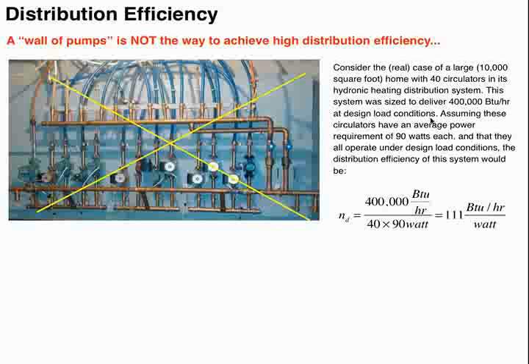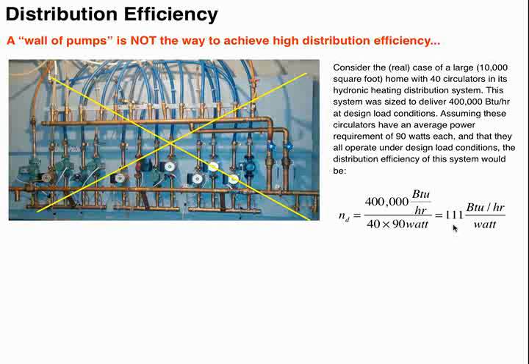And I'll give you one last example. I actually took a look at a house several years ago that had 40 circulators in it. It was a big house, 10,000 square foot, and 40 circulators. And if we estimated 90 watts a piece, and there was actually a 400,000 BTU per hour boiler plant, we can use those numbers to calculate distribution efficiency for that system. So the system delivers 400,000 BTUs per hour at design load. 40 circulators are running at 90 watts a piece.